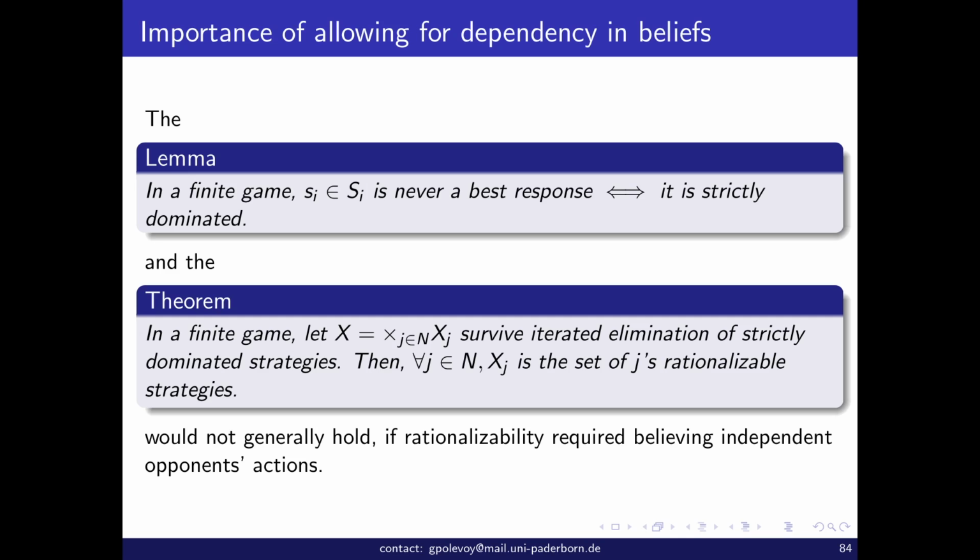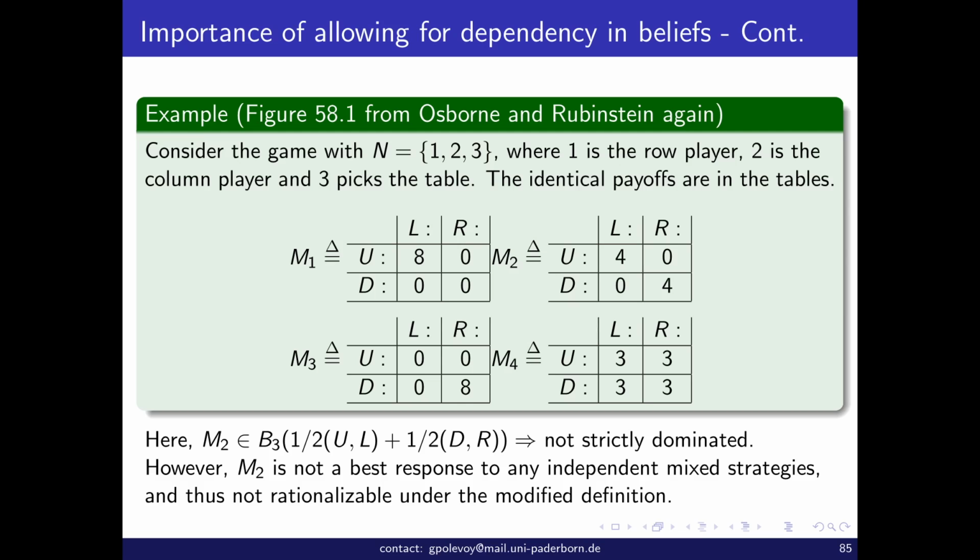That assumption changes the definition of rationalizability, as we saw. And in the same example, we can also show that both this lemma and the theorem don't hold. So go to the example we saw again, figure 58.1 from Osborne and Rubinstein.